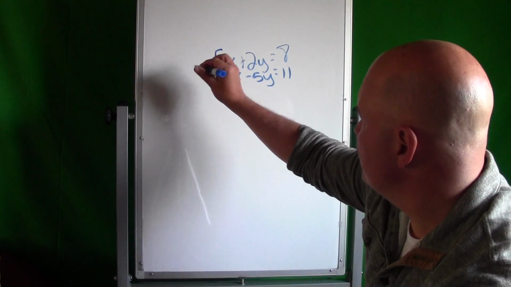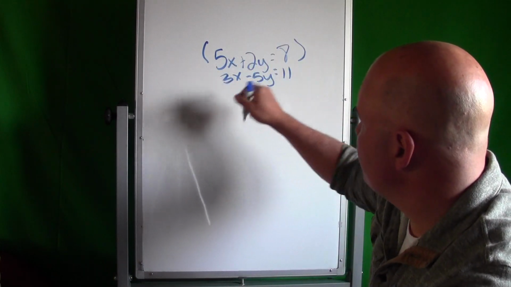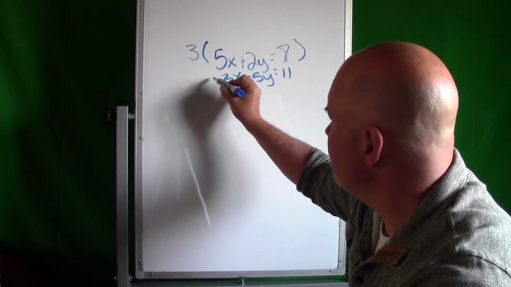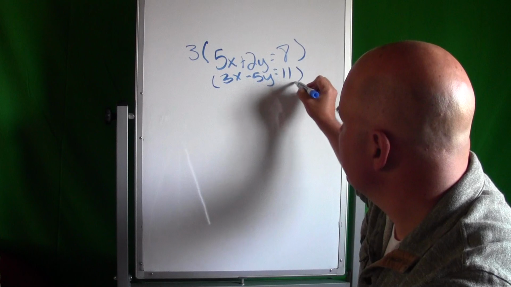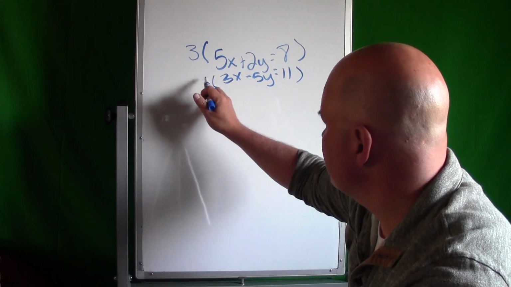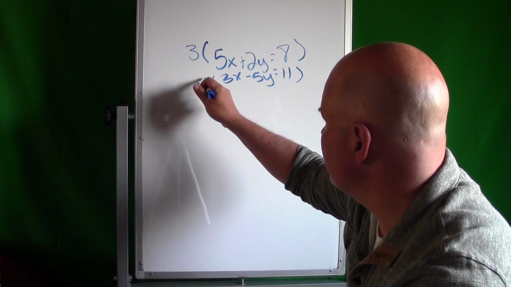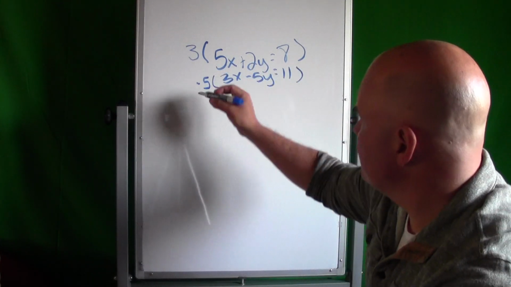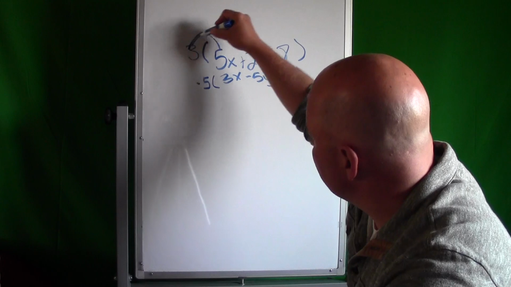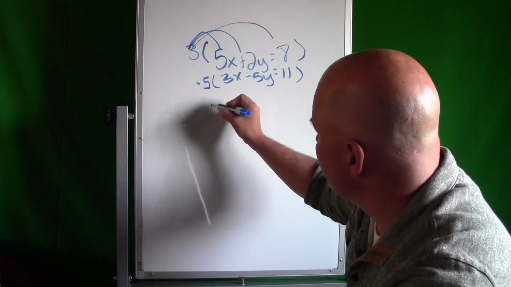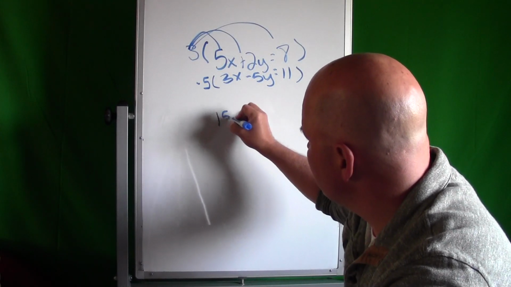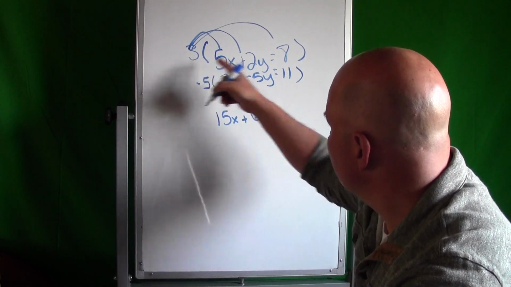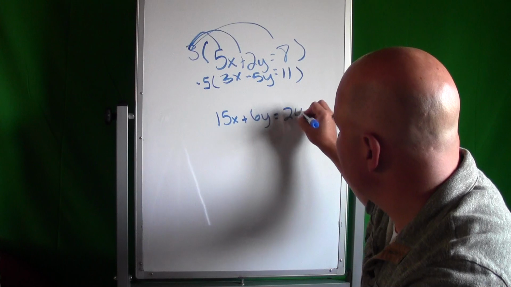So let's take this top equation and multiply it by 3. And then this bottom equation, let's multiply by the opposite of the variable I want to eliminate on the top, -5. So when I do the top equation, I bring everything in, and I get 3 times 5x is 15x, 3 times 2y is 6y, and 3 times 8 equals 24.